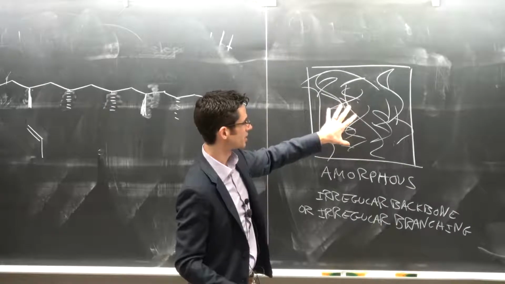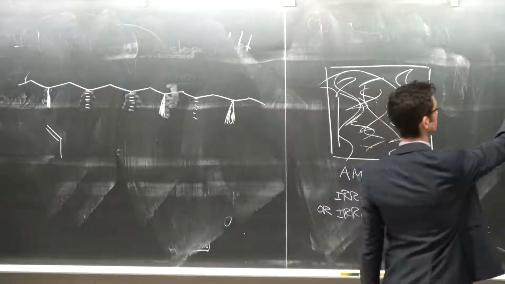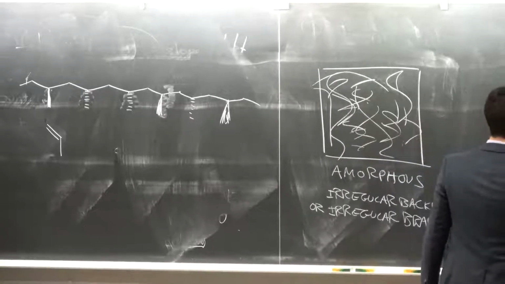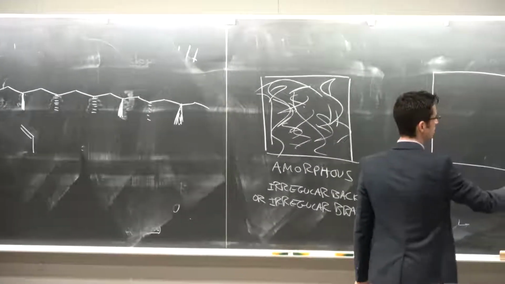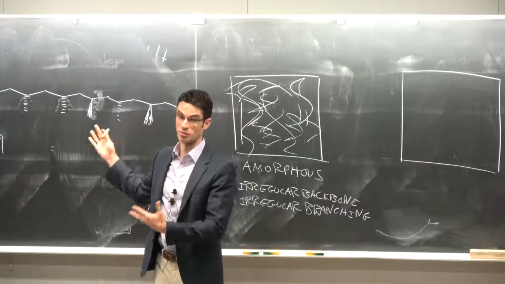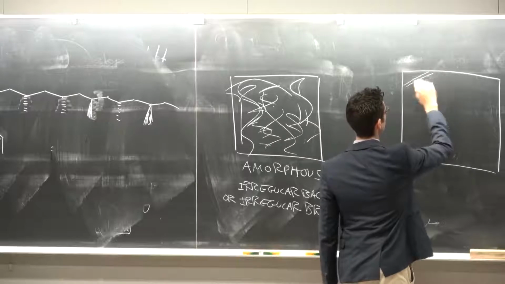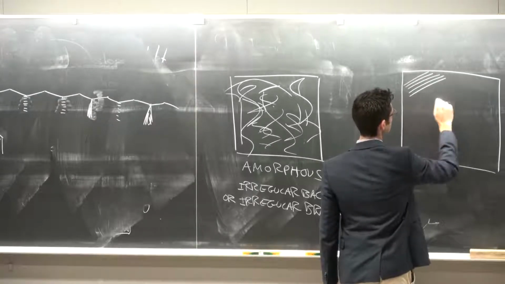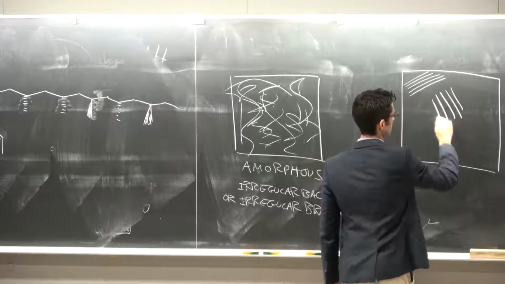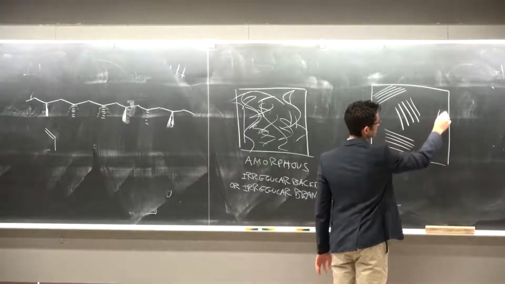So we can create a structure, we can influence the structure, whether it's amorphous or semi-crystalline, by our choice of the polymer chain itself. But the best we're going to do is something that we'll call semi-crystalline, and the crystallites could be anything.